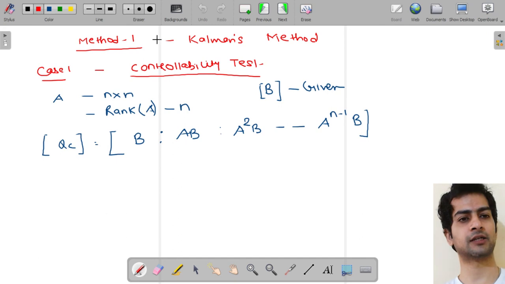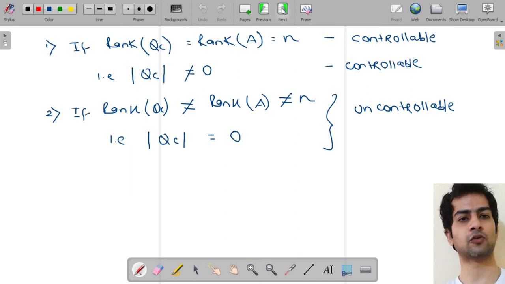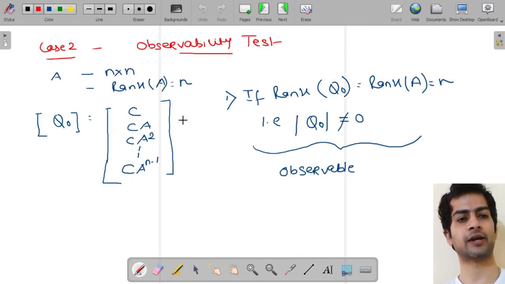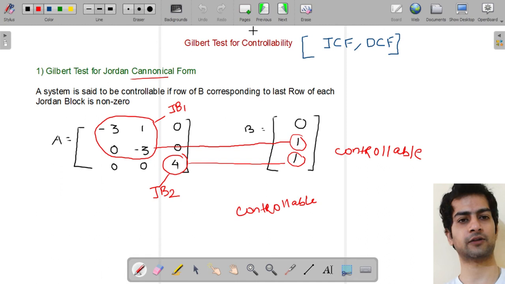Then I gave you method one, that is the conventional method, also known as Kalman's method. Here we have to find QC and Q naught, and then check whether the determinant of QC and Q naught is not equal to 0, and if it is so, then the system will be controllable and observable respectively.